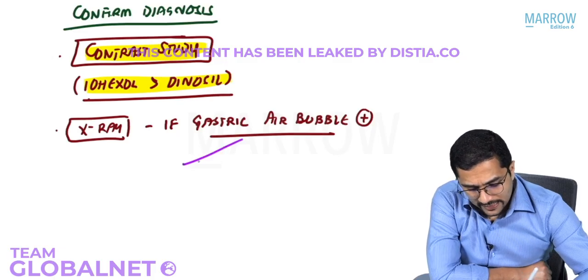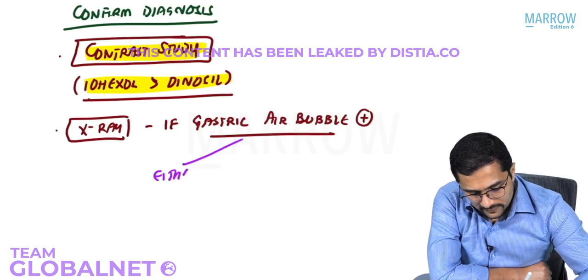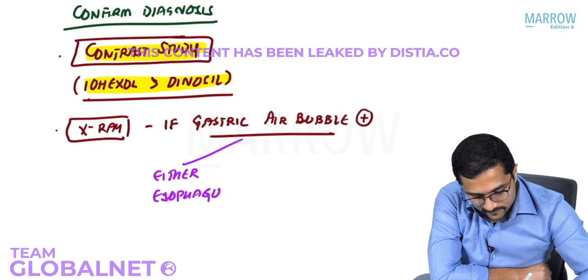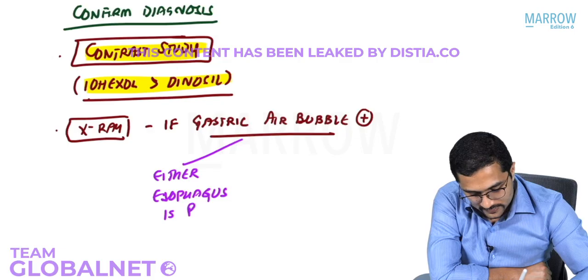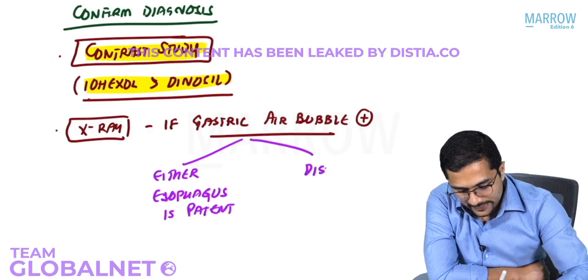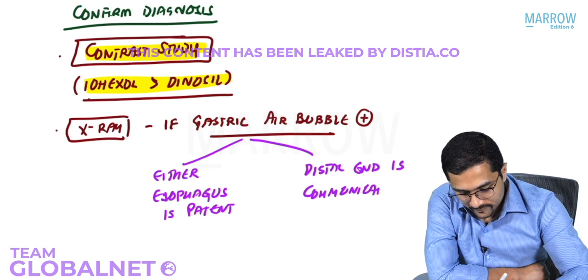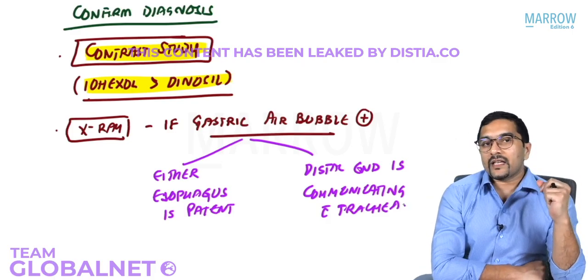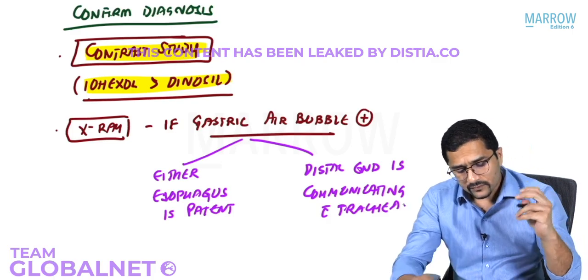Either the esophagus is patent, or the distal end is communicating with the trachea, right? That is how air will reach into the stomach. So these are the things which we can get to know from the X-ray.